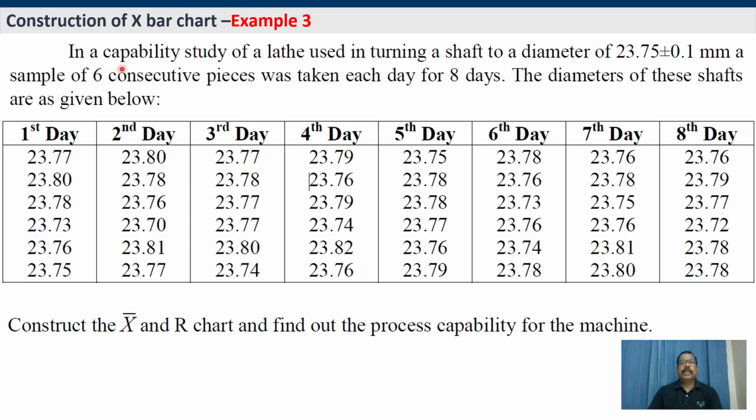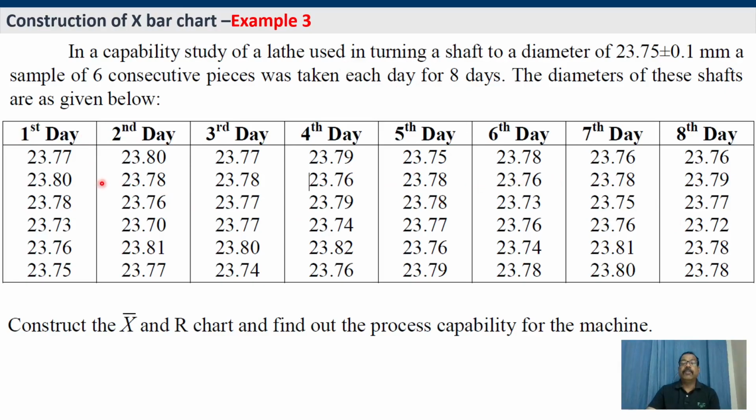So in a capability study of a lathe used in turning a shaft to a diameter of 23.75 plus or minus 0.1 millimeter, the purpose of the lathe machine is turning a shaft with a dimension of 23.75 plus or minus 0.1 millimeter. This is the requirement. A sample of 6 consecutive pieces is taken each day for 8 days.